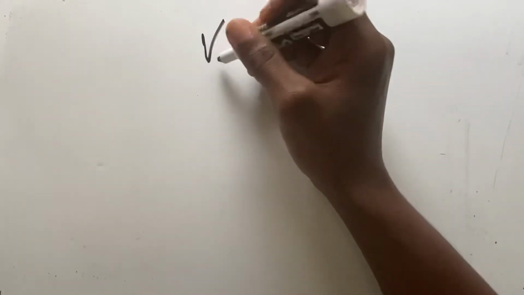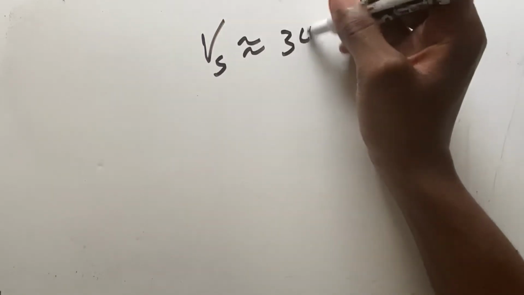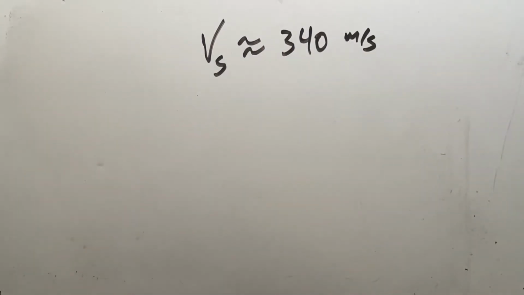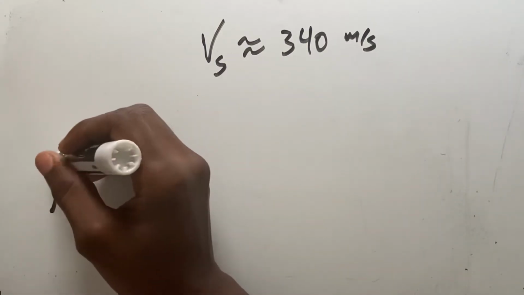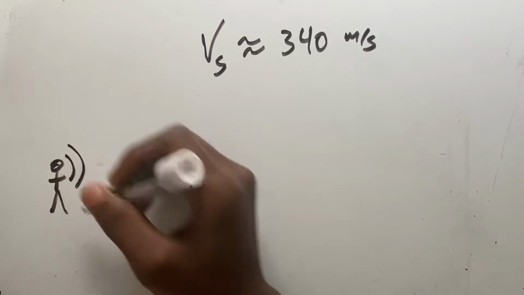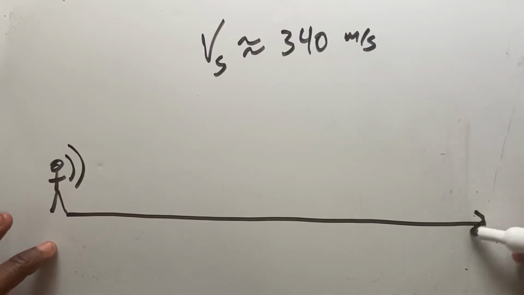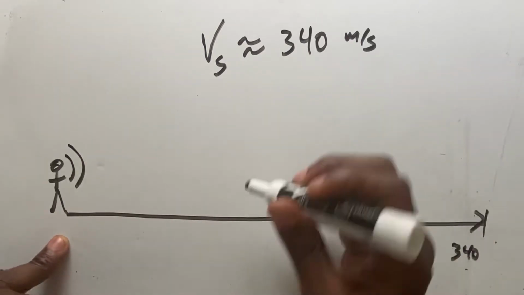So the speed of sound, I call it VS, is roughly about 340 meters per second. So you can imagine if you're standing over here and you say something, boom, your voice is going to travel 340 meters in just 1 second.